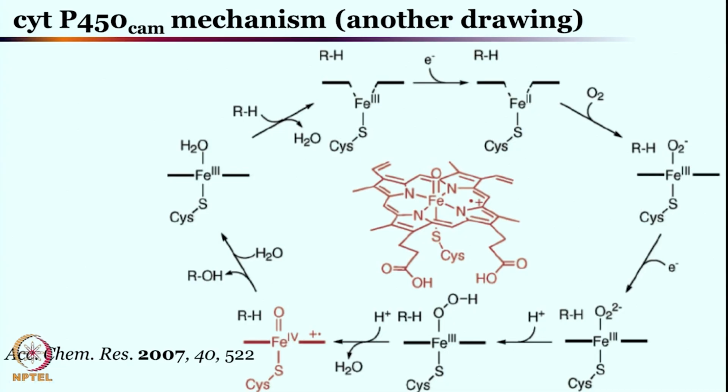Another thing is, of course, there are electron transfer and proton transfer processes which can also be there, but mainly in cytochrome P450 this axial ligand is varying, and that makes a lot of difference. If this axial ligand was histidine, this oxygen bond cleavage may not have been that easy.